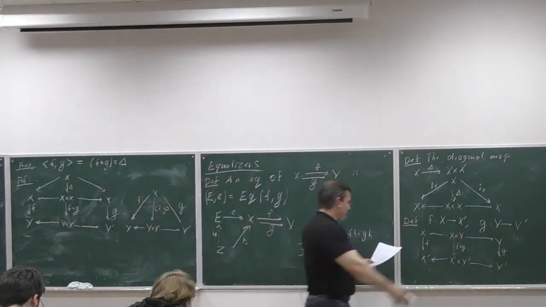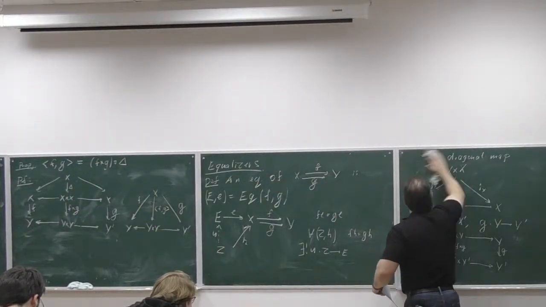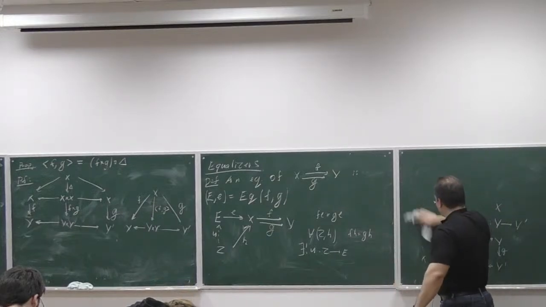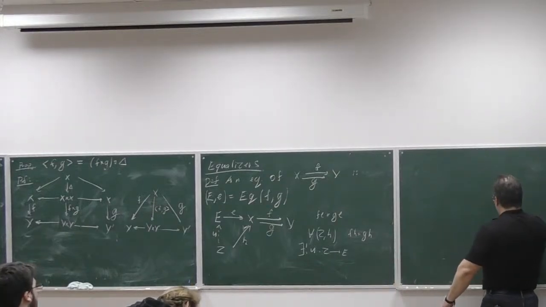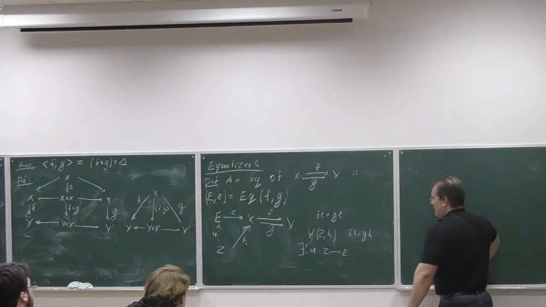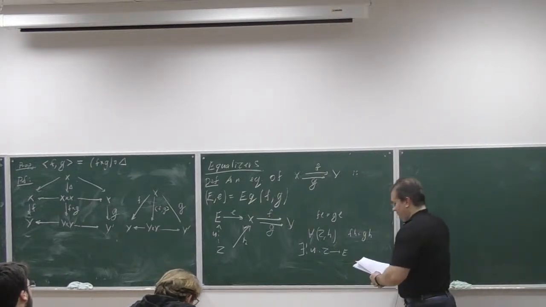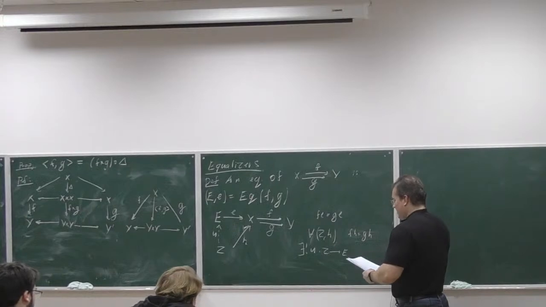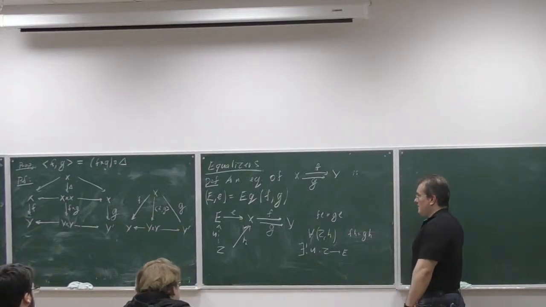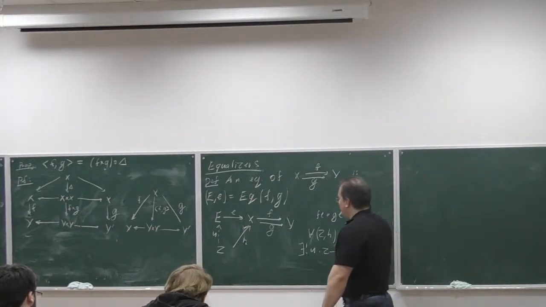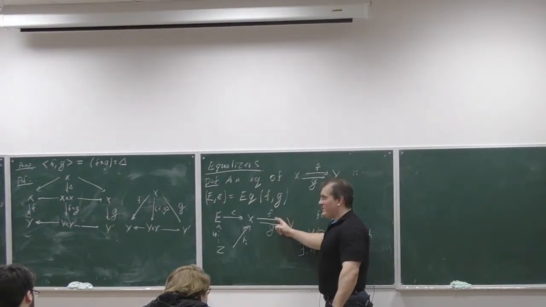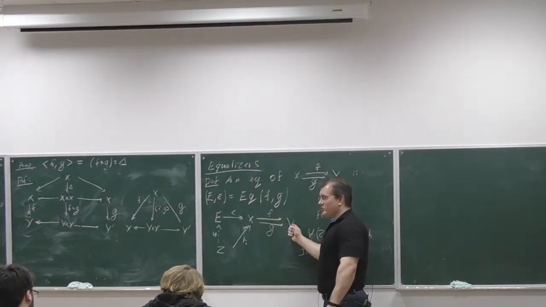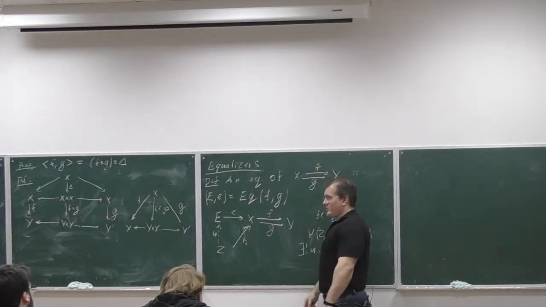That's the definition of an equalizer. Do you know any equalizers from your algebra courses? So if it makes sense to take a difference between two maps, f minus g, for example, for abelian groups, modules, then the equalizer is exactly the kernel.